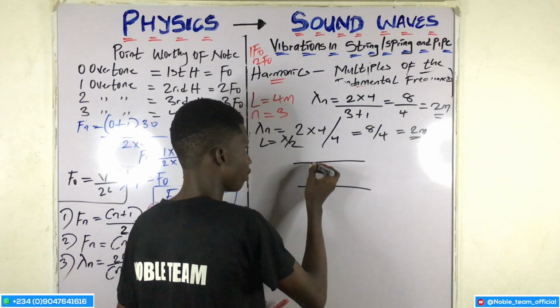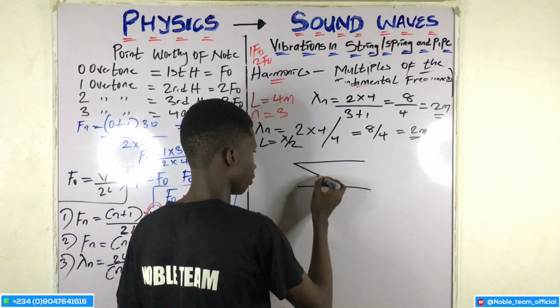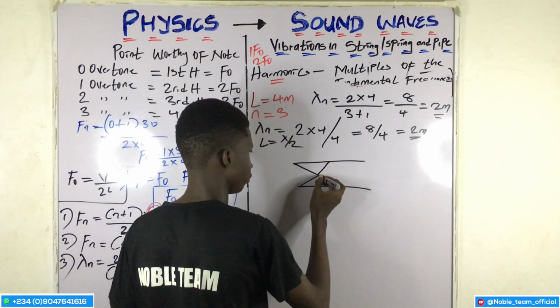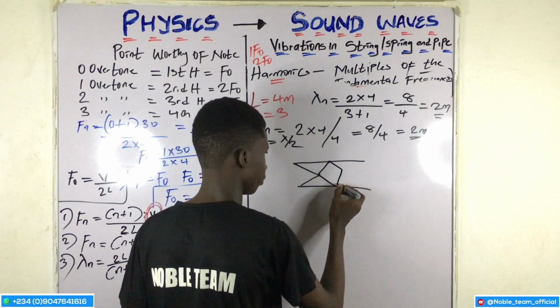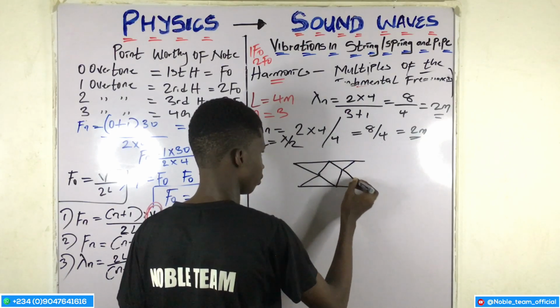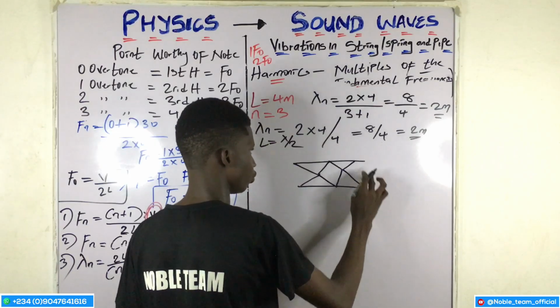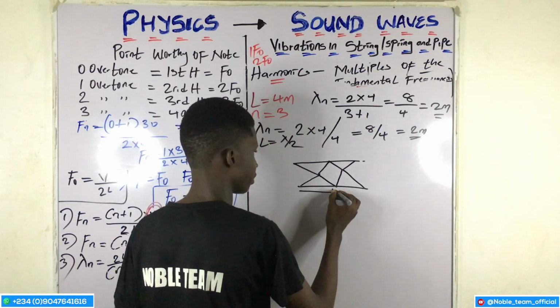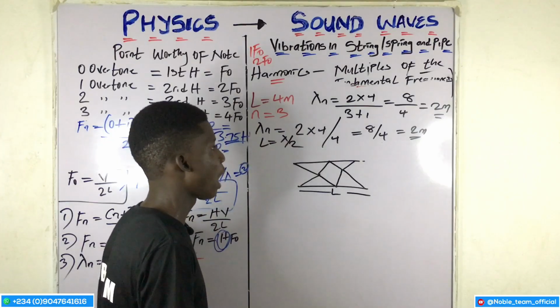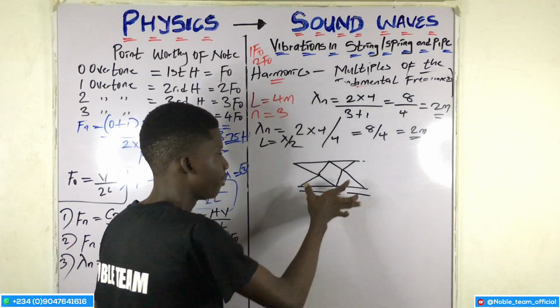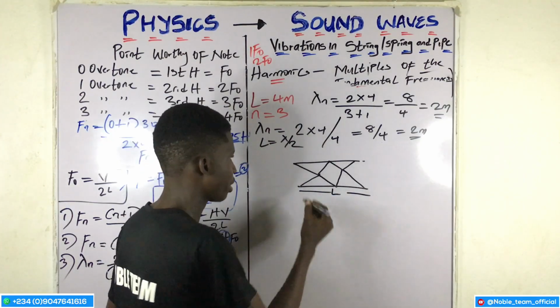So in an open pipe, this is an open pipe. And this is my length. Now, how many loops do we have here? Let's count together.